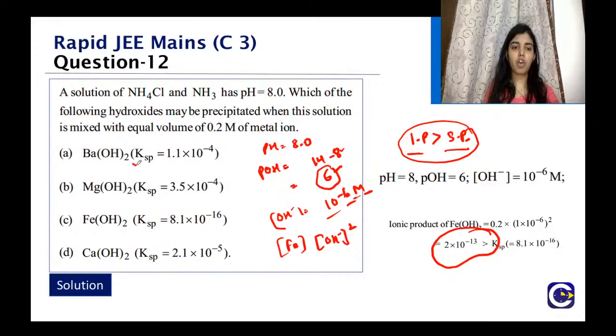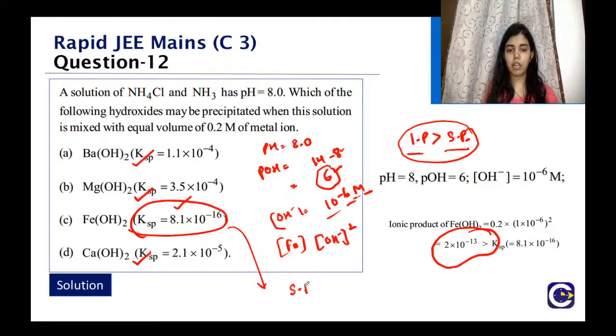Now here if you compare, solubility product is greater, here also solubility product is greater, calcium hydroxide also solubility product is greater, but for iron hydroxide, that is ferrous hydroxide, the solubility product comes out to be 8.1 into 10 raised to the power minus 16, which is less than the ionic product that we have calculated, that is 2 into 10 raised to the power minus 13. So the answer for question number 12 will be C, because only for this particular hydroxide the ionic product is coming out to be greater than the solubility product.